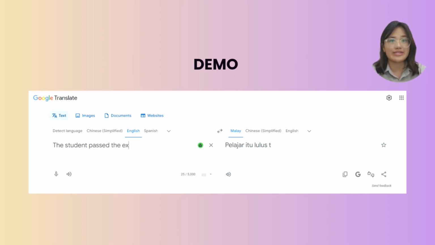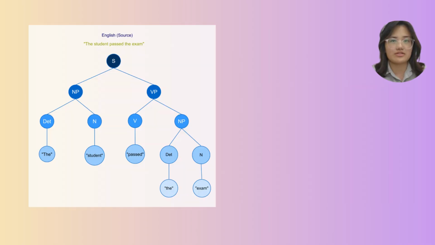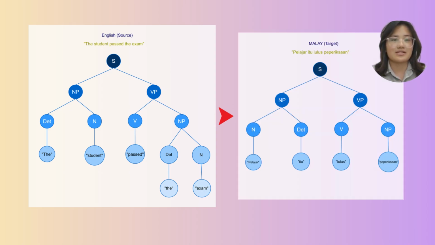Let's do a quick demonstration. Google's NLP engine uses a context-free grammar parser to build the source tree we just looked at. Then it maps the subtrees individually. Notice the automatic word order restructuring here. In English, the structure is determiner plus noun, the student, but in Malay, the order is noun plus determiner.